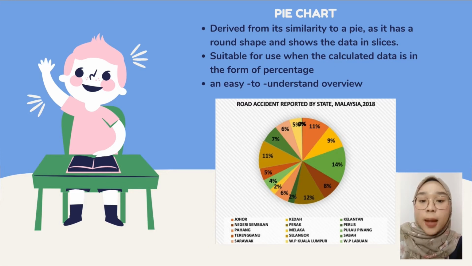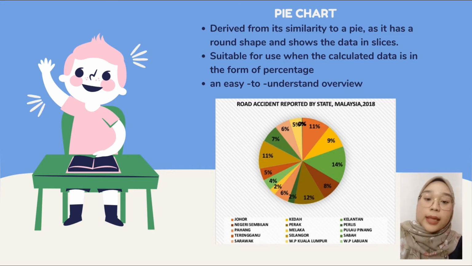Of the large number calculated by state, the highest percentage is from Kelantan, which is 14%, equivalent to 2,446 people. Meanwhile, the state with the lowest percentage of accidents is Wilayah Persekutuan Putrajaya, which is 0%, equivalent to 10 people only.